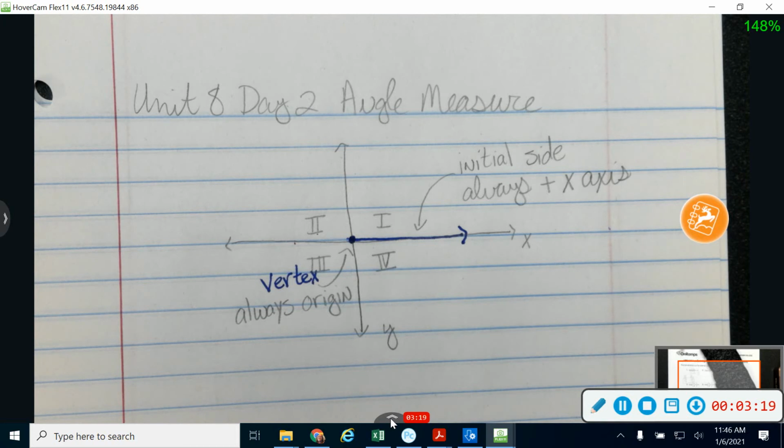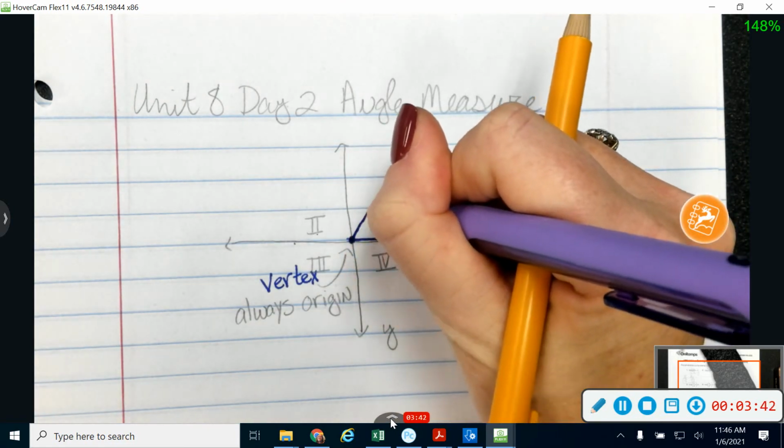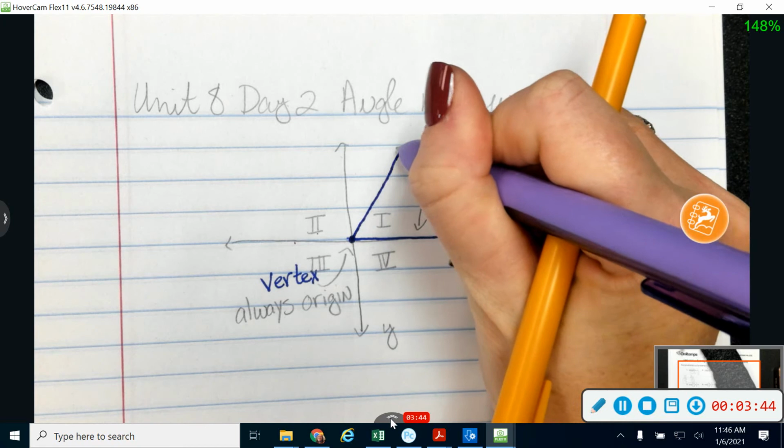Okay, then the third part of an angle is the piece that opens and closes. That's what we're going to call the terminal side. Eventually I'm going to quit drawing the initial side and only draw the terminal side, because the initial side never moves. It's always right there. But I can draw the terminal side kind of anywhere, and it's going to make an angle for us.